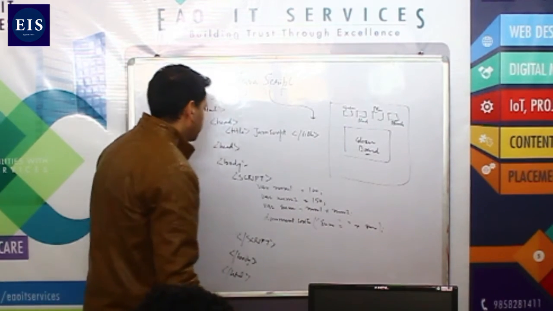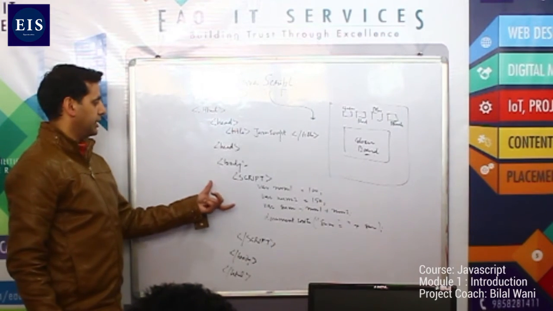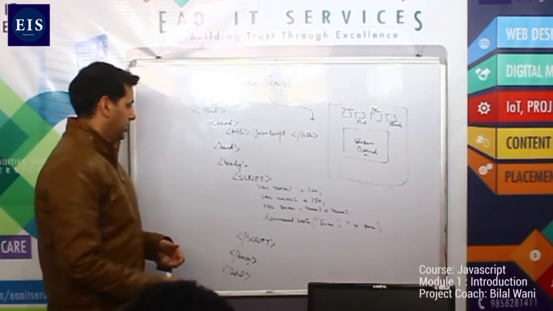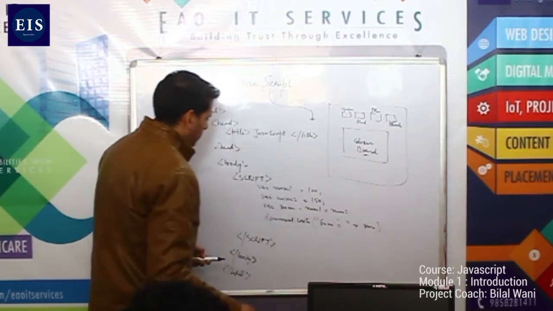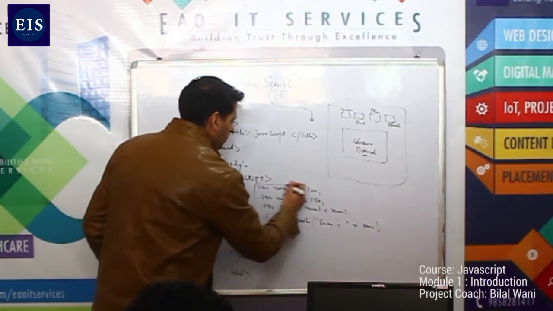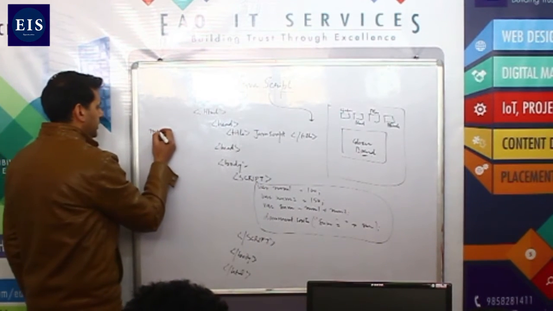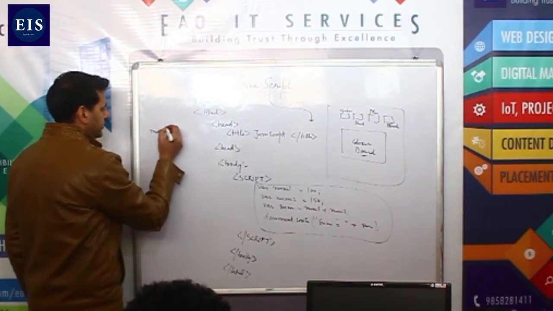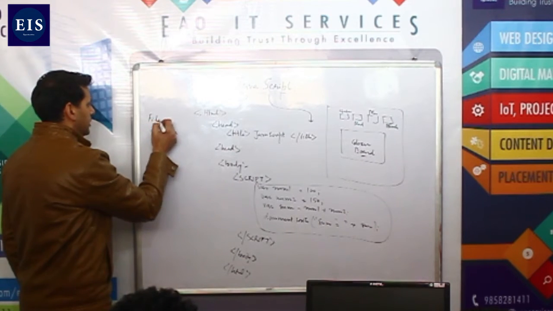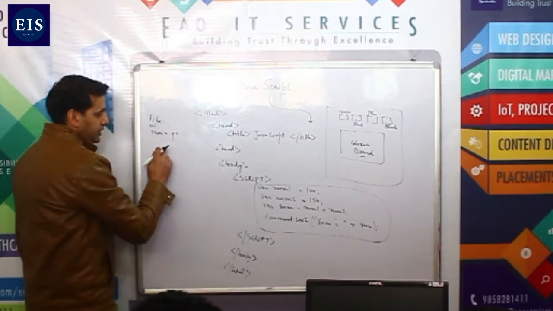Now what are the ways to introduce JavaScript in your HTML? One is the inline method. The second one is you define the script in a separate file, then include it. How do we do that? Let's see. We take this entire piece of code and put it in a separate file called main.js. You create a file with the name main.js, then copy this entire content here.